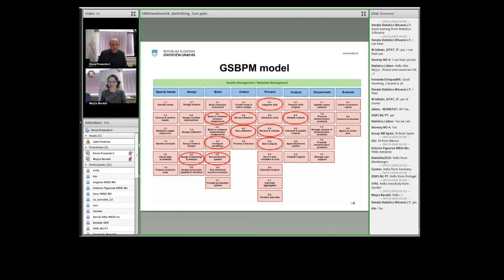Somebody else could find another sub-process. But what I wanted to show you is that data editing is not just processing or analysis, but it comes into the statistical process in several phases, in several sub-processes. We will talk about this later in more detail.